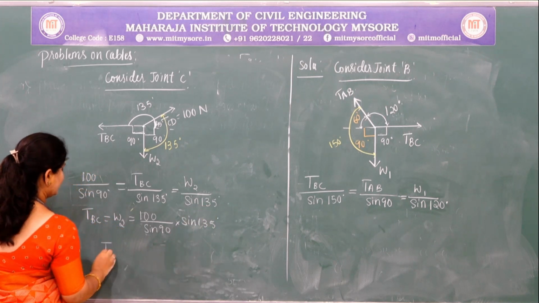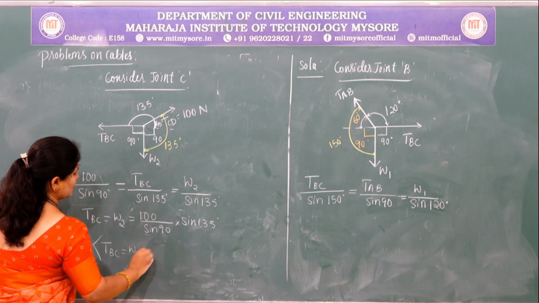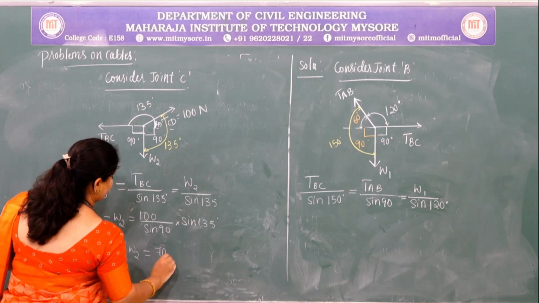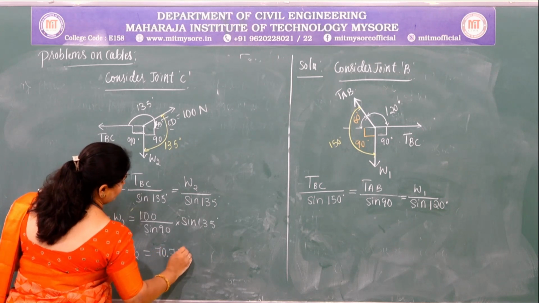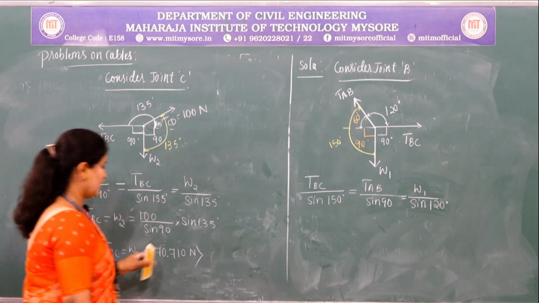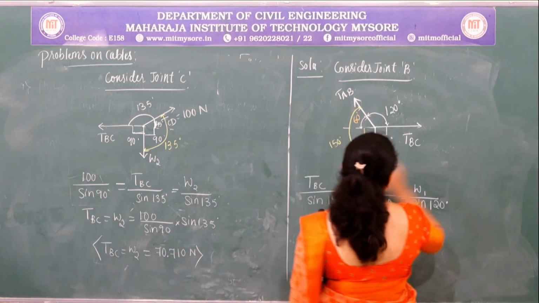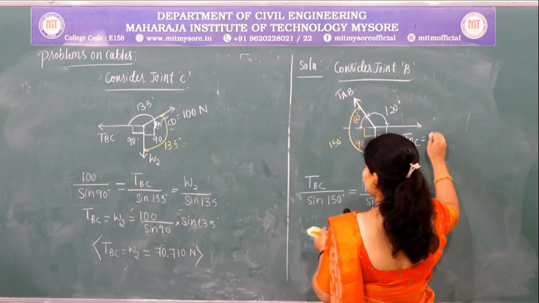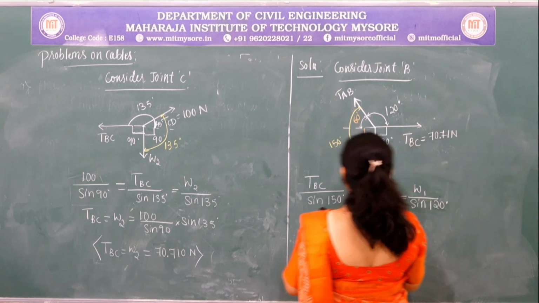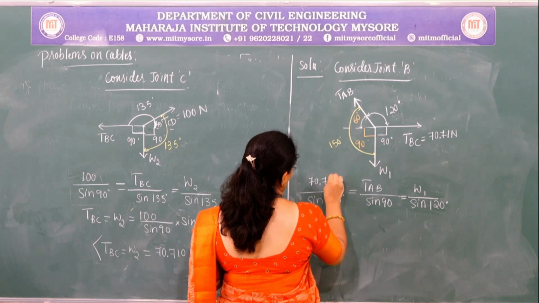So on solving this, we are going to get the value of TBC and W2 as 70.710 Newton. So now we got the value of TBC. Now substitute here, which is equal to 70.71 Newton. So here it is 70.71 Newton.